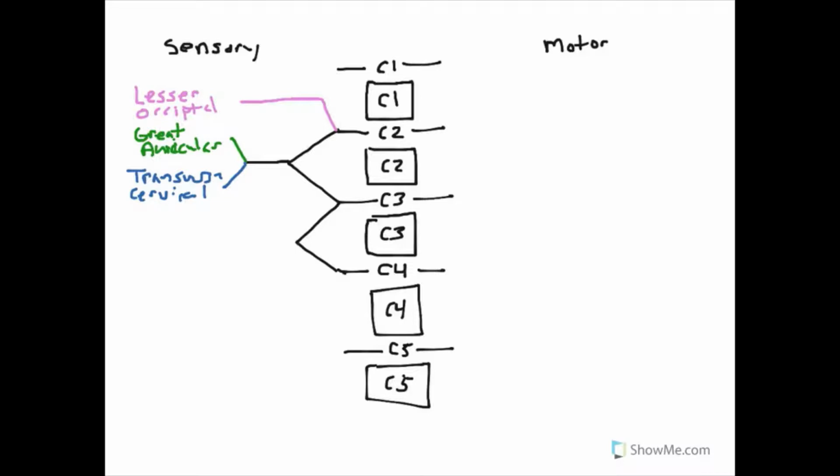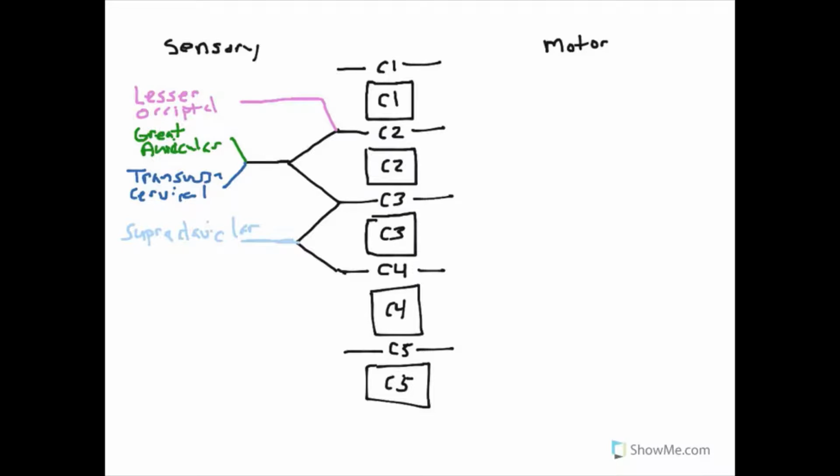Let's pick this tone here, this light blue, and come out and represent our supraclavicular nerves. Now, as we're discussing these, what we want to pay attention to with the sensory is the lesser occipital.